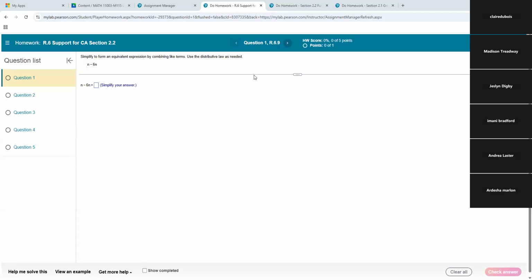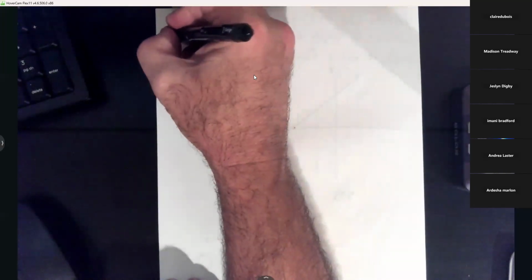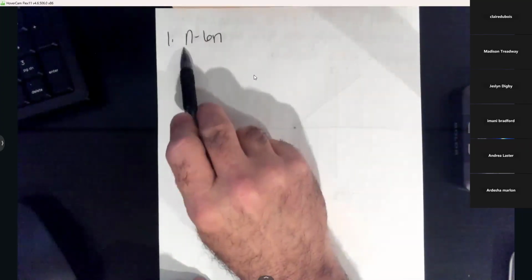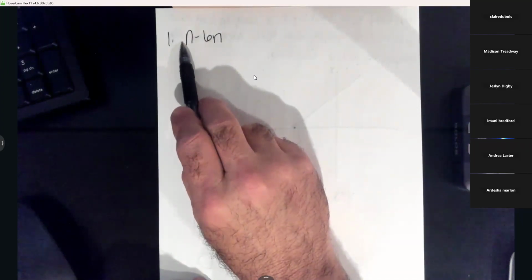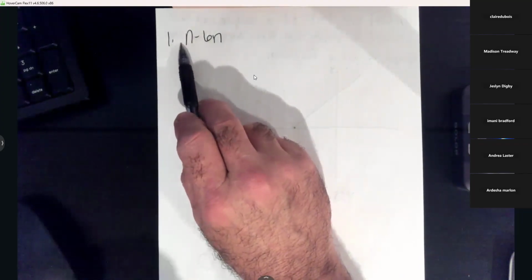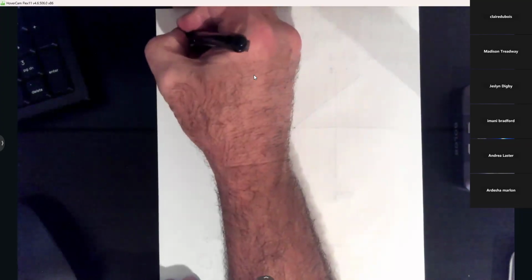All right, so what I have, n minus 6n. Here's the thing. What number is in front of this n right here? If there's not a number shown, Justin, what you got, a 1? So that is definitely a 1 there, okay?